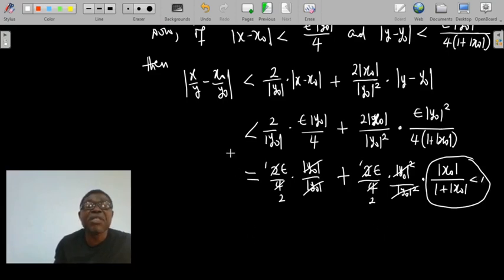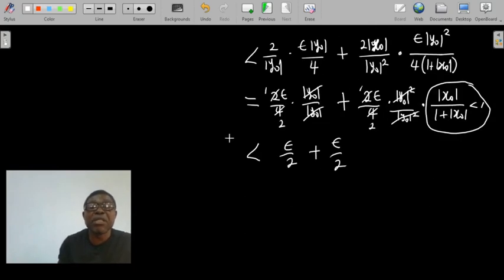Therefore, what I have is that the whole of this will be less than epsilon over 2 from here, plus epsilon over 2 from here, using the fact that this in circle is less than 1.